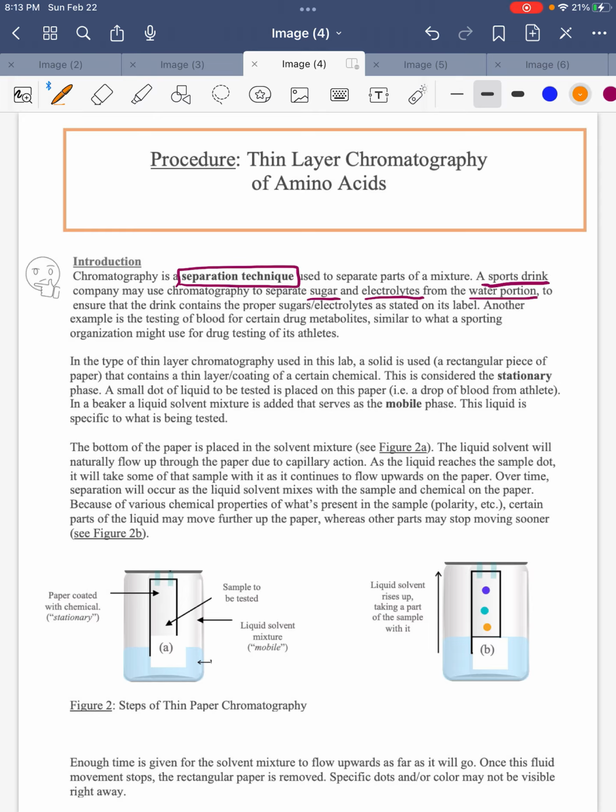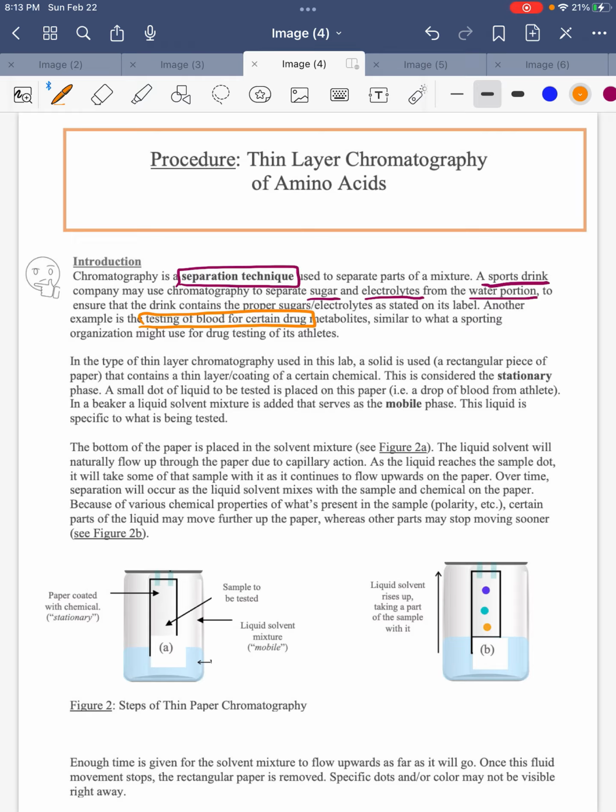Another example, a different method of chromatography, but again, chromatography just means separation. Another example would be blood testing for certain drugs. Athletes, if they're in a professional sports organization that requires drug testing, guess what?